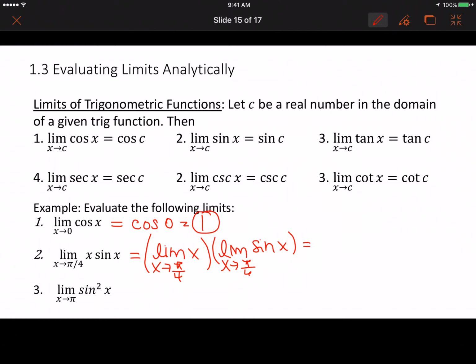And for both of these, I'm allowed to just plug in. So this is pi fourths times sine of pi fourths, which is pi fourths times the square root of 2 over 2, which is pi square root of 2 divided by 8.